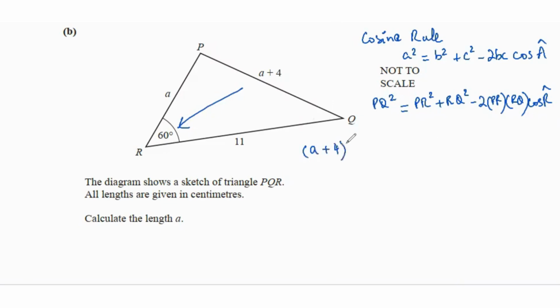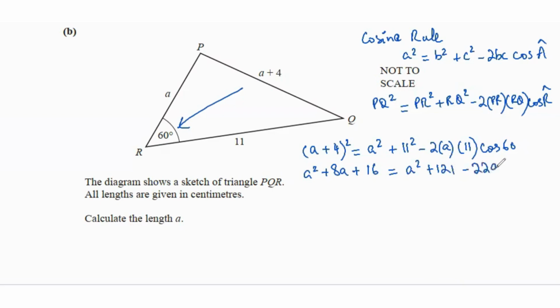(a plus 4) whole squared equals a squared plus 11 squared minus 2 times a times 11 times cos of 60. (a plus 4) whole squared is a squared plus 8a plus 16, and a squared plus 121 minus 22a, and cos of 60 has the value of 0.5.